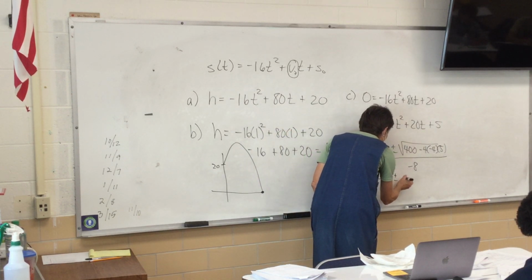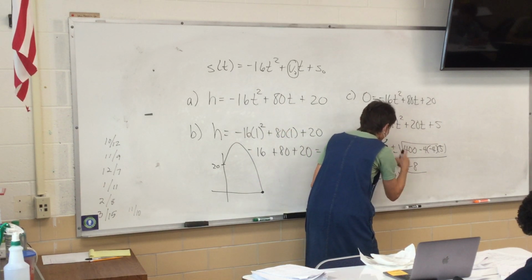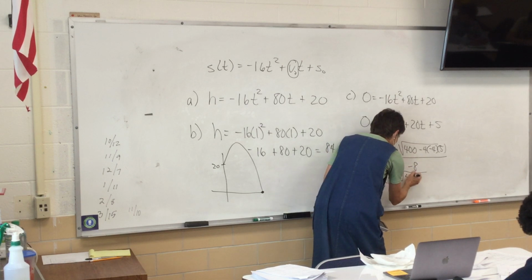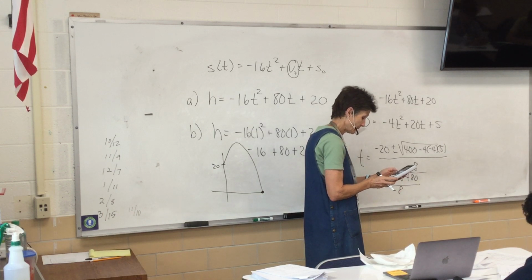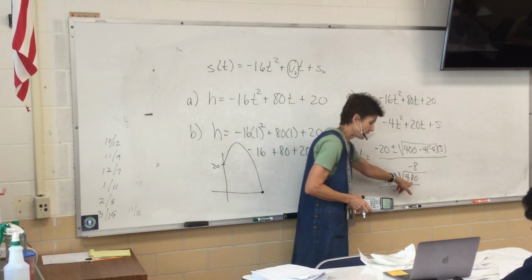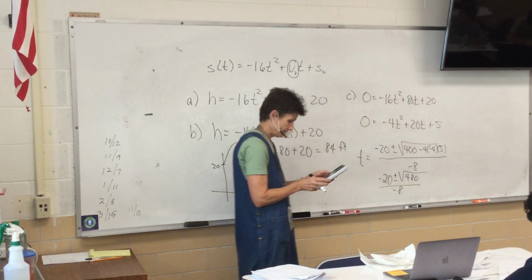Now, if you didn't divide out the 4, you got different numbers than I did. Did anybody else divide out the 4? Nobody else divided out the 4? Oh, I did. You did? Did you get 480 under there? Yeah. Okay.